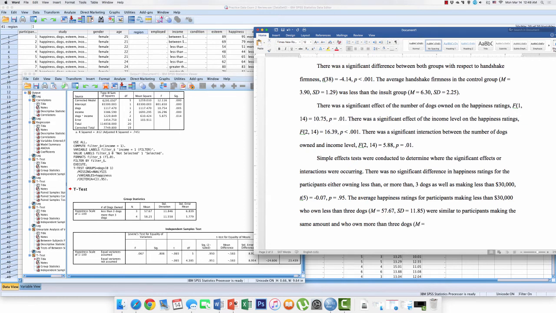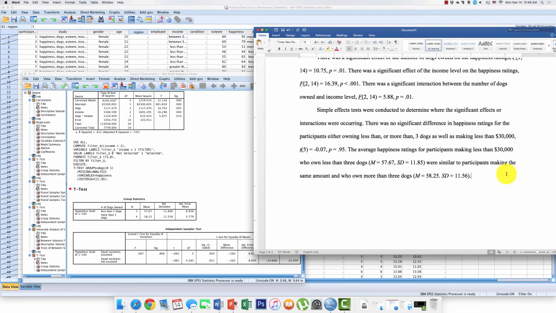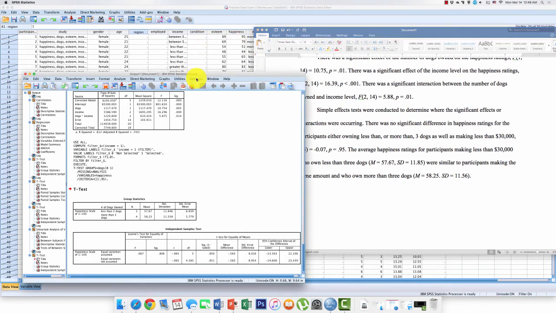So then the mean for that is 58.25, and we have our standard deviation equals 11.56, and then we end that period. So that's one of them. You then continue on to the next one.